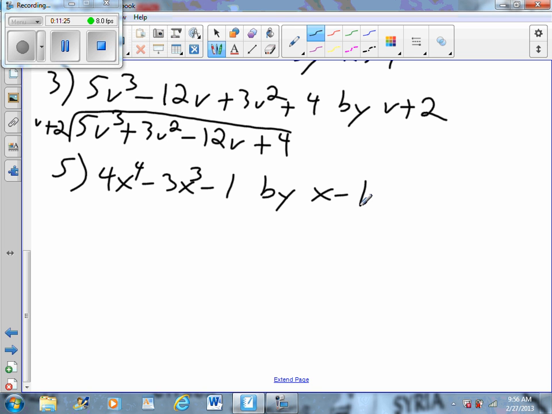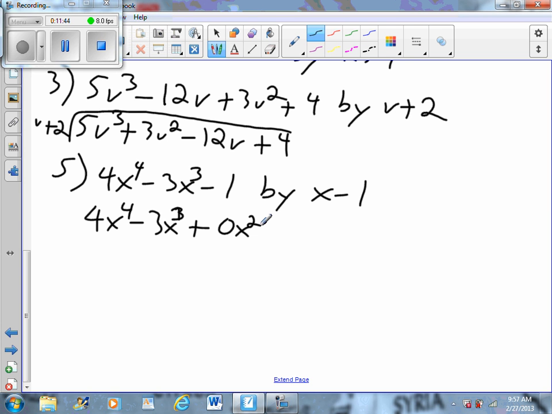So in order to do the division, what you're actually dealing with here is this: 4x to the 4th minus 3x to the 3rd plus 0x squared.